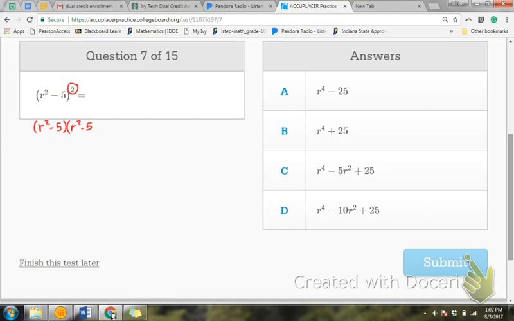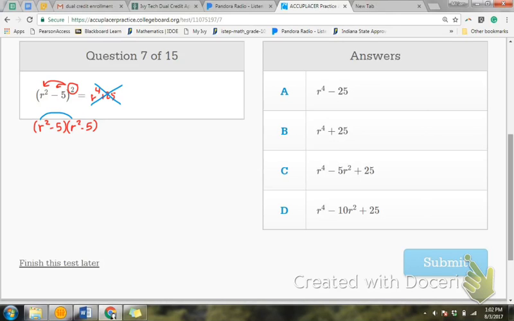I saw several of you just do this to make r to the 4th plus 25, which, if you notice, is an answer choice. But it's the wrong answer choice. So this is absolutely incorrect. When you have r squared minus 5 and r squared minus 5, what do you have to do with this? Distribute it, FOIL it, whatever, right?